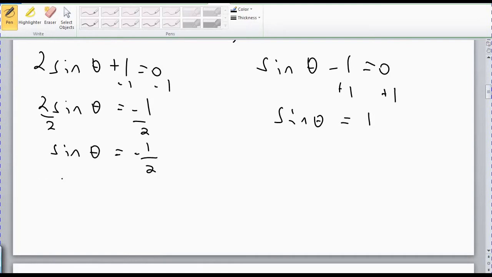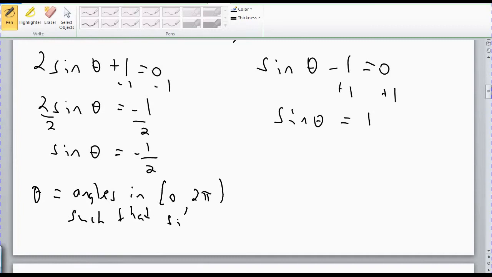So what I want to do, I want to think what theta is. Theta is all the angles in this interval such that sine theta equals negative 1/2.